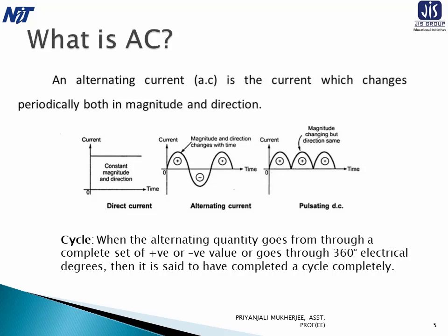So when an alternating quantity goes through a complete set of positive and negative values through 360 electrical degrees, it is said to have completed one cycle. At present, a large percentage of the electrical energy being used for domestic and commercial purposes is generated as alternating current.